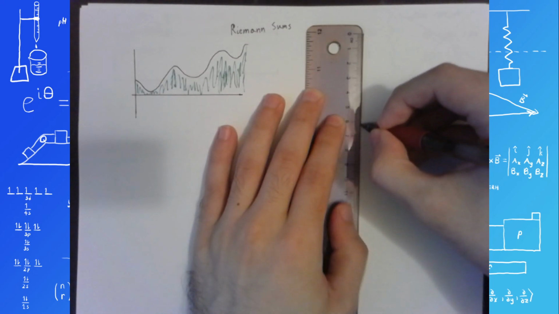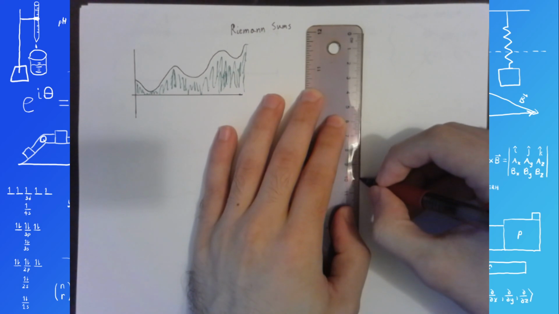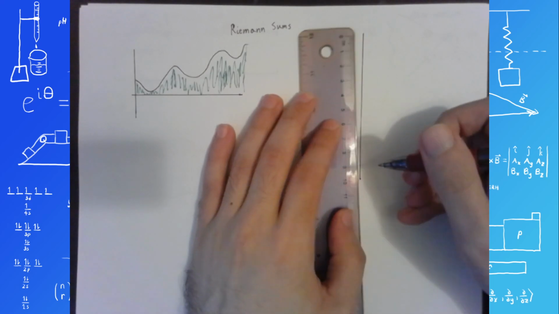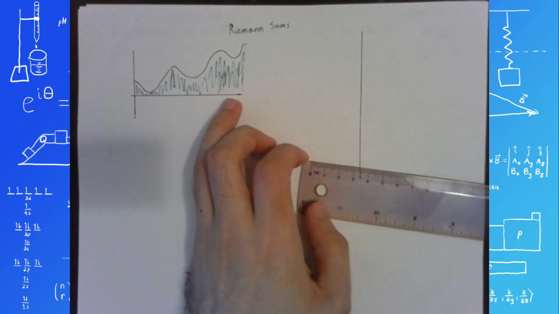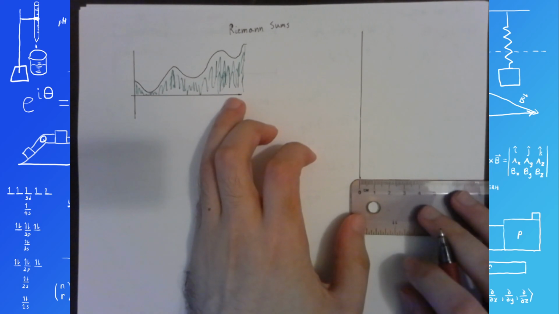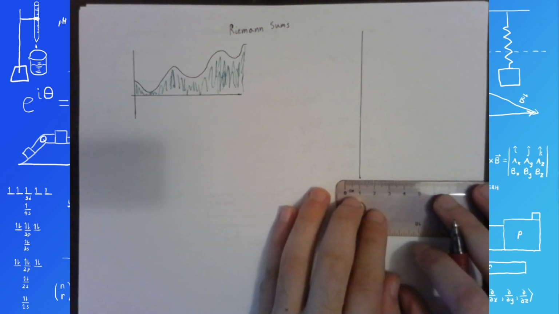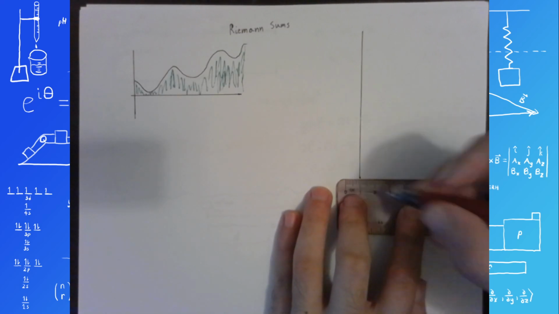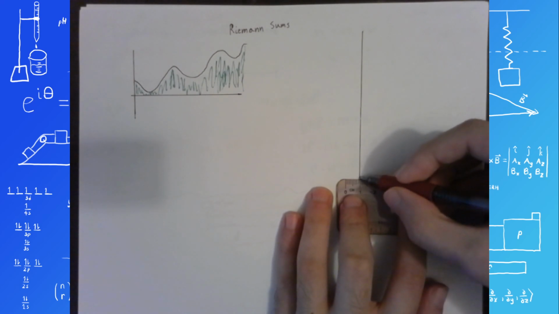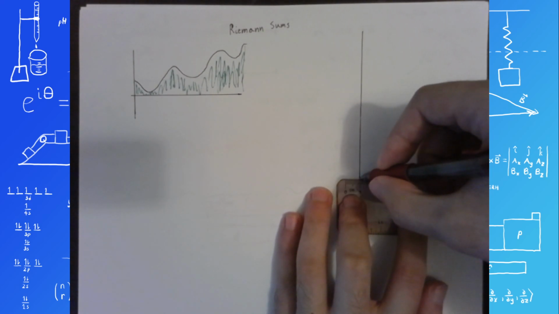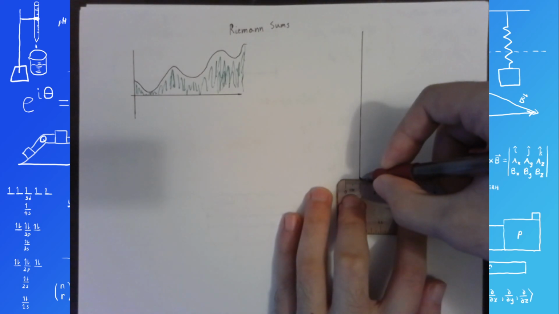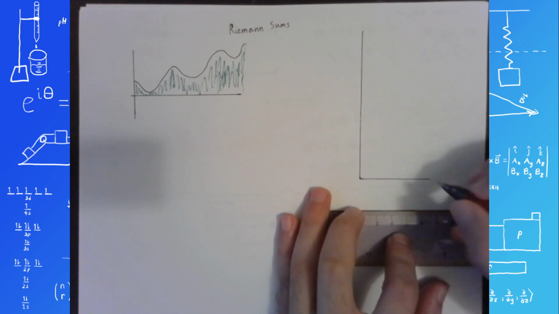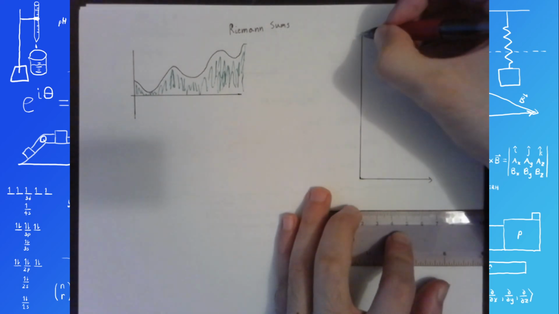I want this to go all the way up to at least 9, so 10 might be good for us here. And I want it to go up to at least 3. Okay, something like that.